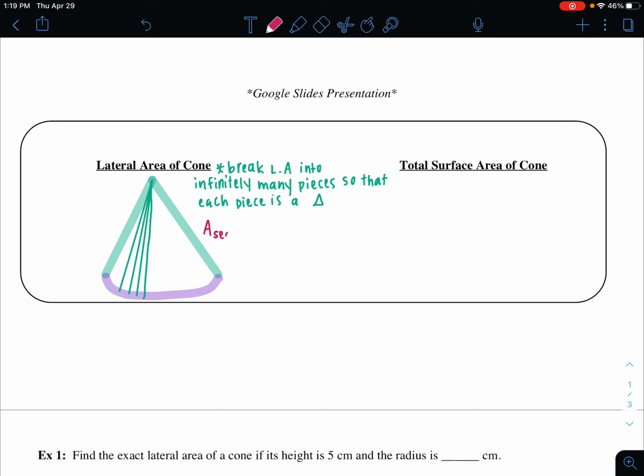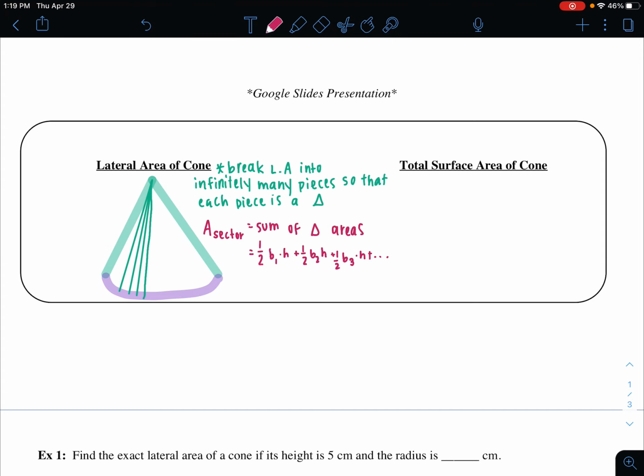We know that our area formula is going to be the sum of my triangle areas. So that's going to be 1/2 times base 1 times your height, plus 1/2 base 2 times your height, plus 1/2 base 3 times their height, and so on.